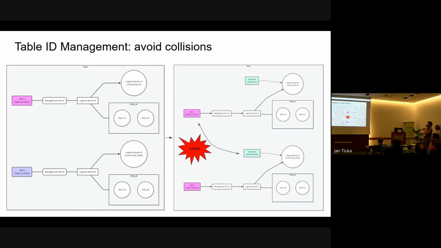And you can imagine that when we introduce the OVN VRFs, they have to be configured with the same tunnel key corresponding to the logical router, and you might find yourself in a situation where that table ID is already being used by another VRF that you were already using, and that's not good.